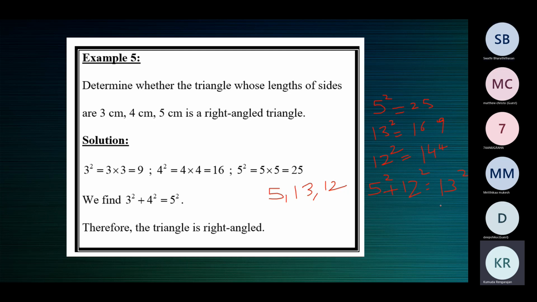Because we have this result only, we are able to say that. No, don't do that. You're saying 13 square minus 12 square is equal to 5 square, right? No, we have to do it like this only.